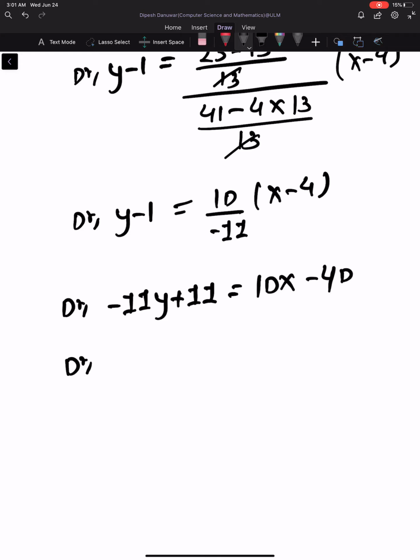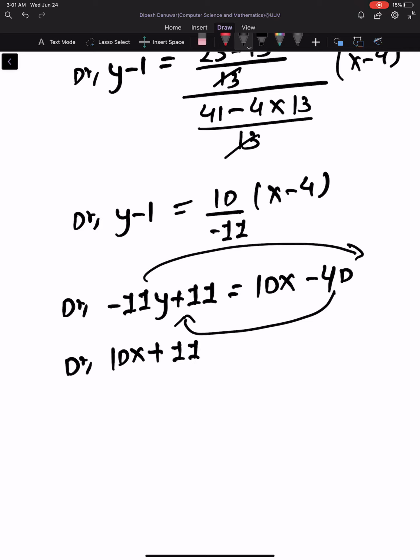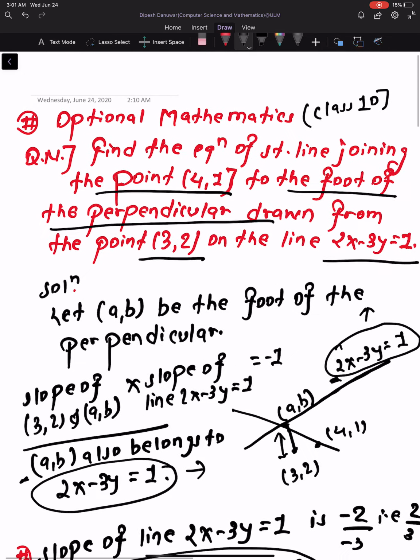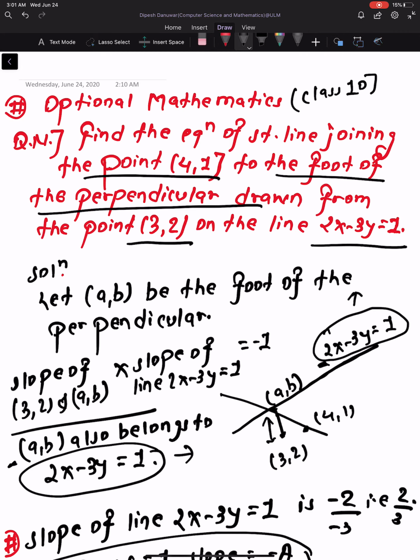So 11y goes over here and 40 comes over here, so that will be 10x plus 11y is equal to 51. So that's your answer. Yeah, that's all we have to find out.